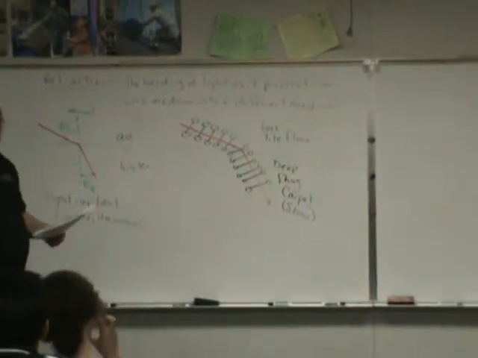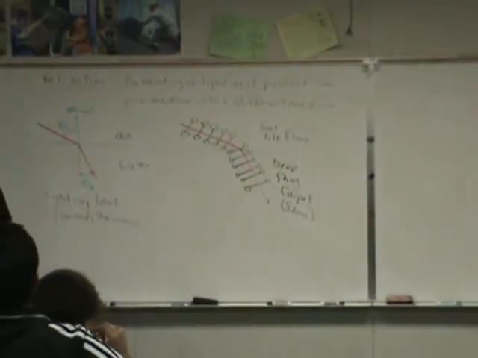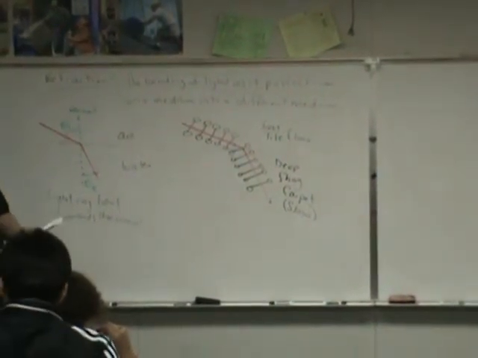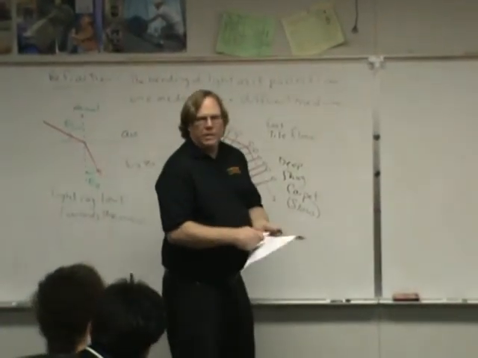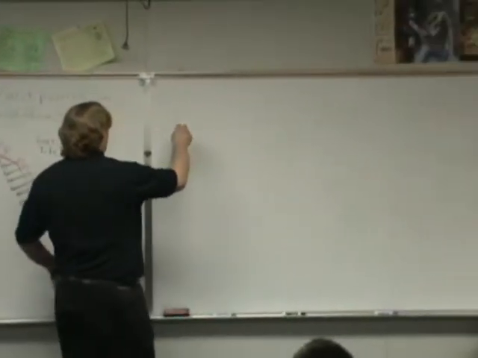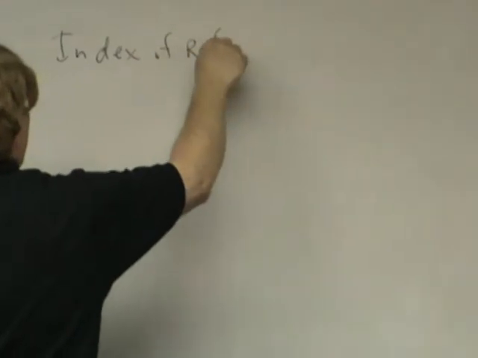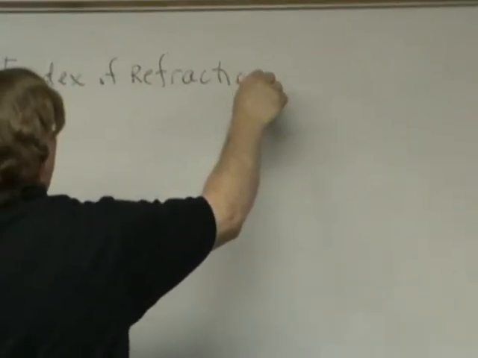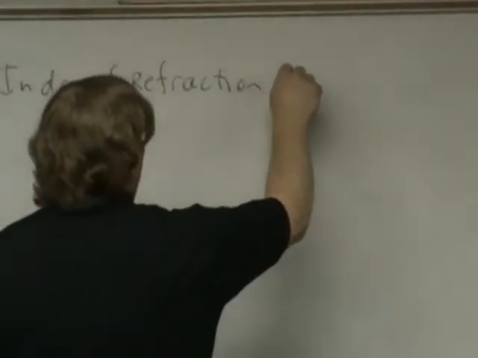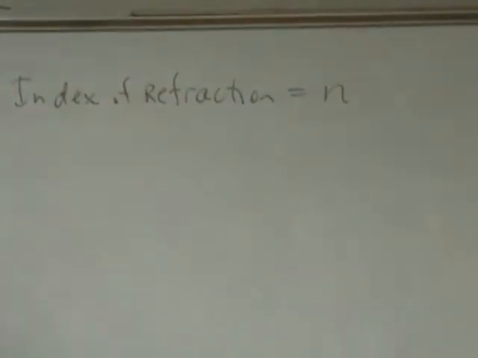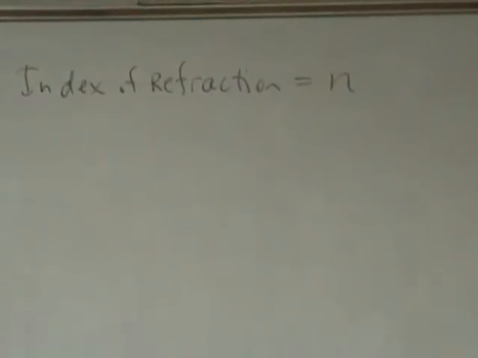Great. Now that you've got the conceptual reasons for the where and the why of refraction, it's time to start doing some math. The first mathematical term you need to know about is the index of refraction, which we call n because the word index starts with the letter N, kind of.